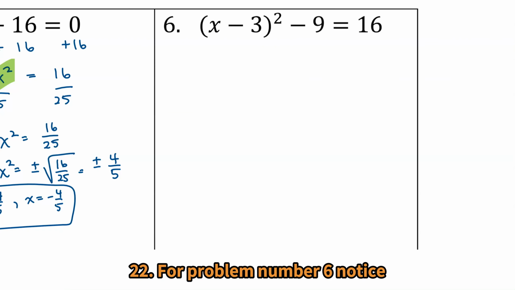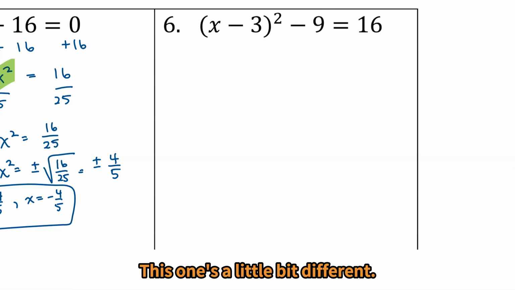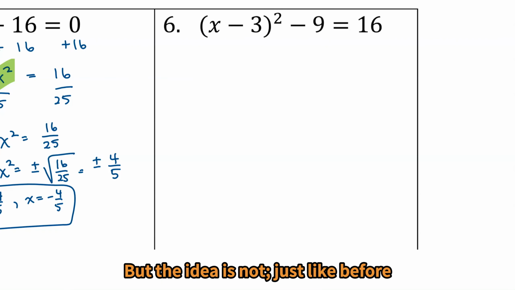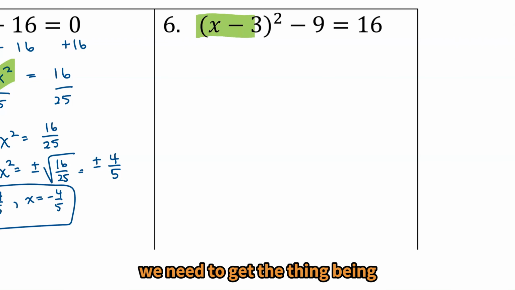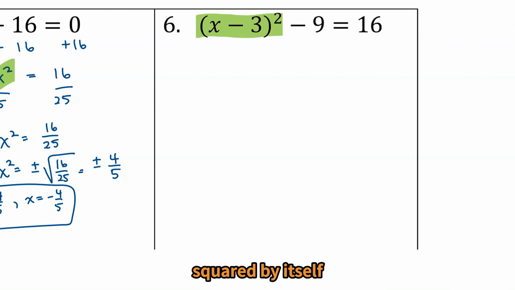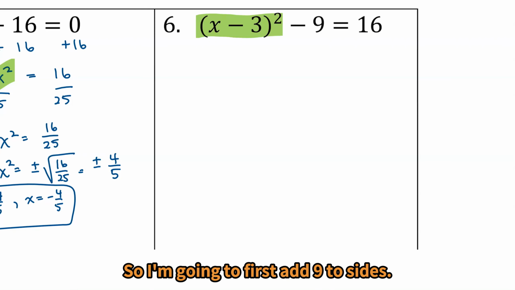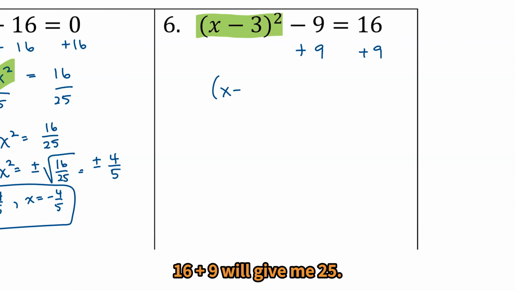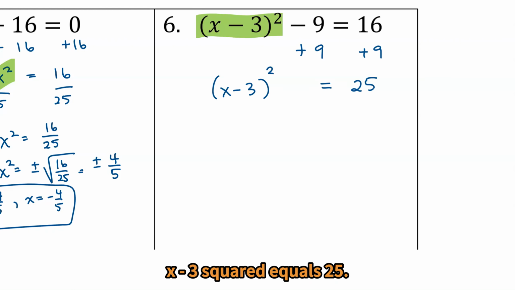For problem number 6, notice this one's a little bit different, but the idea is not. Just like before, we need to get the thing being squared by itself on one side of the equation. So I'm going to first add 9 to both sides. 16 plus 9 will give me 25. X minus 3 squared equals 25.